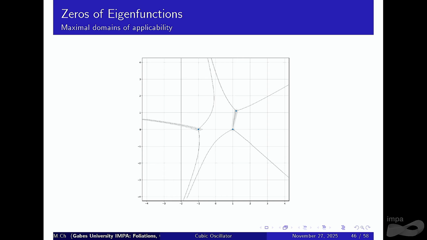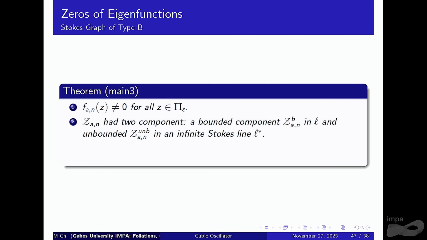The result is that this is the maximal domain of applicability; the uniform asymptotic of WKB will be true in this domain with this branch cut and a tubular neighborhood of width epsilon here.